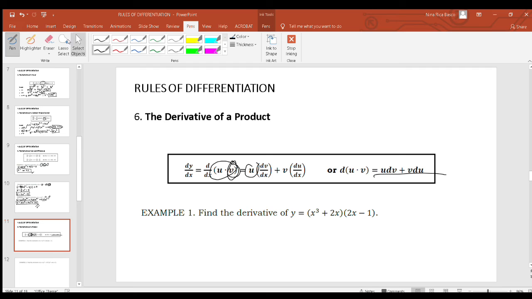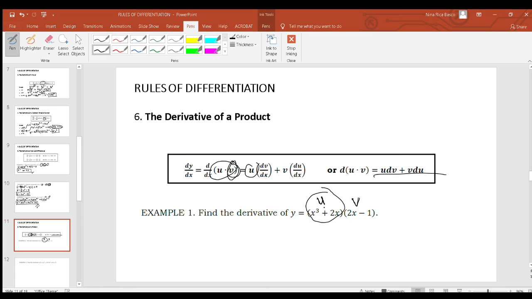For example, find the derivative of y is equals to x cubed plus 2x times 2x minus 1. So, para hindi tayo malito sa pag-derivative, we have to let the first binomial be u and the other binomial is v.